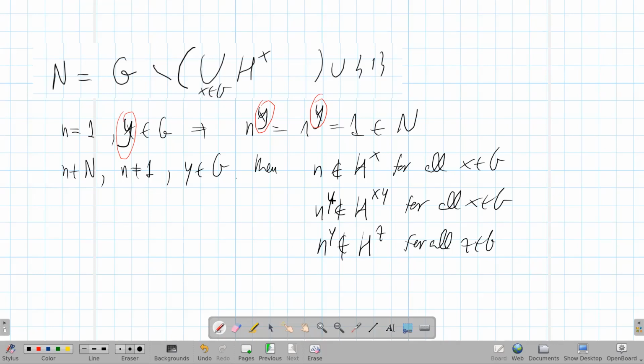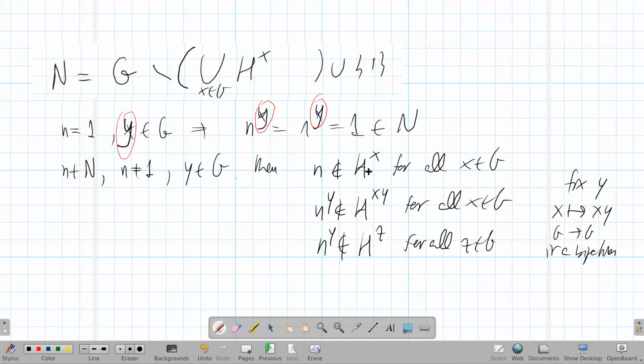It's the usual fact that once you fix y, the map that sends x to xy is a bijection. I mean, it's right multiplication by y, okay? So if n is in N and is different from 1, then n is not in any conjugate of H, and none of its conjugates are in a conjugate of H. So it stays there.